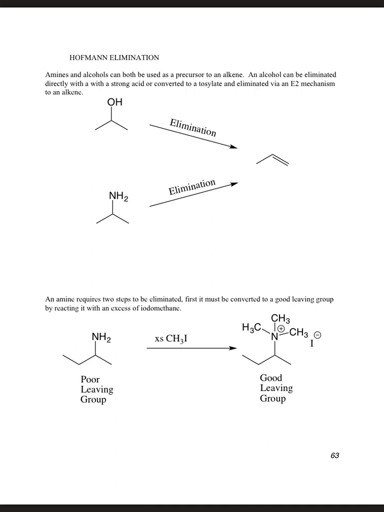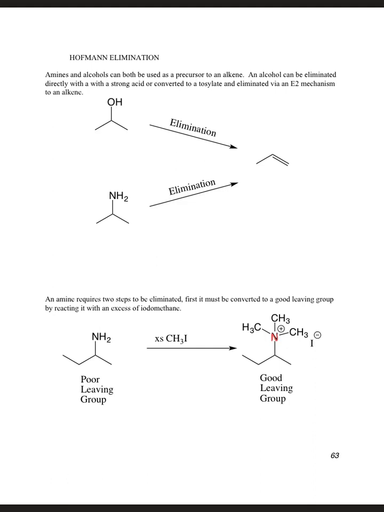Now, we can eliminate an amine just like we did with alcohols under certain conditions. To do this, we have to make the amine a good leaving group. To make it a good leaving group, we have to get the nitrogen with a positive charge on it, so we can over-alkylate it with methyl iodide to give us as many methyls on the nitrogen as we need to get it positively charged.